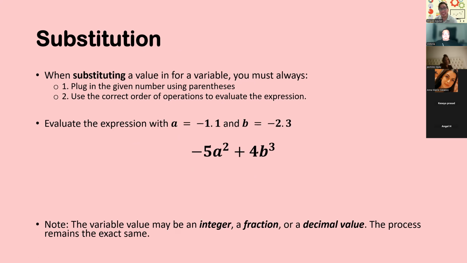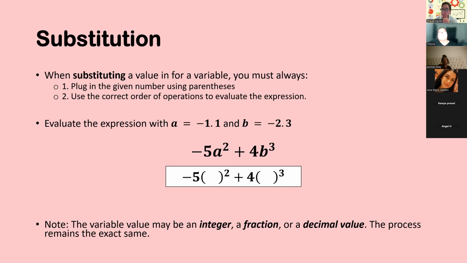So for this next example here on this slide, it says evaluate the expression with a equal to -1.1 and b equal to -2.3. Like I said, anytime you need to evaluate an expression, rewrite the expression, put an empty set of parentheses, and then what's going to go in the parentheses next to the -5? -1.1.